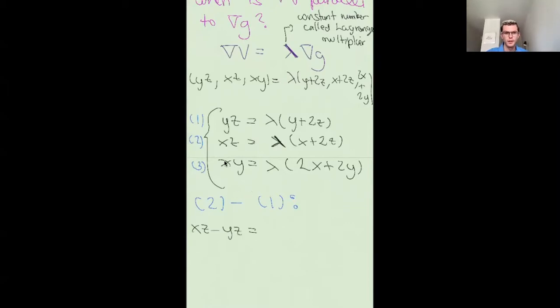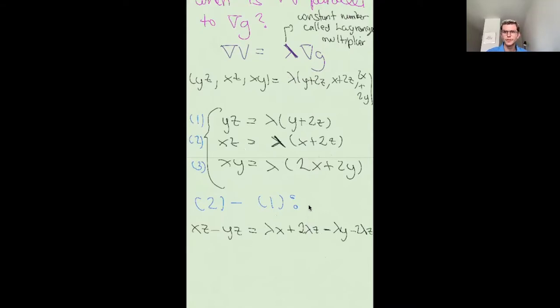And the right-hand side becomes lambda x plus 2 lambda z minus lambda y minus 2 lambda z. Is that making sense? So that's what you get if you subtract the left-hand sides of 2 and 1, and subtract the right-hand sides of 2 and 1.